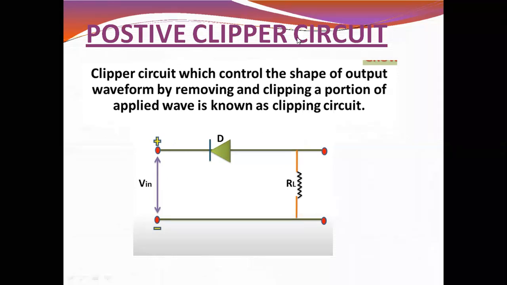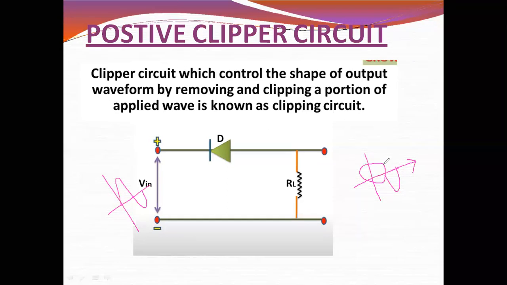Suppose I applied an input waveform like this, then this circuit can remove the positive half of the input cycle applied. So that is called positive series clipper, because at the output I am not getting the positive half of the waveform.